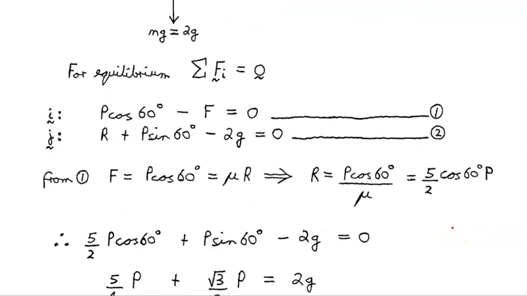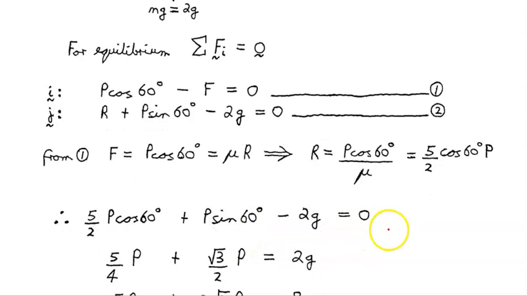Okay, so you put 5 on 2 P cos 60 degrees plus P sine 60 degrees. Where did that come from? Well, here's the second equation. We're putting R in, which is 5 on 2 cos 60 degrees P, so that goes there. Plus here P sine 60 degrees. Minus 2G is 0. All right, well, next step then.